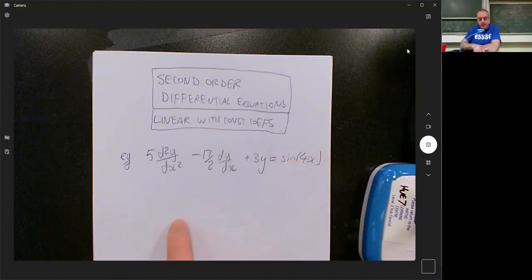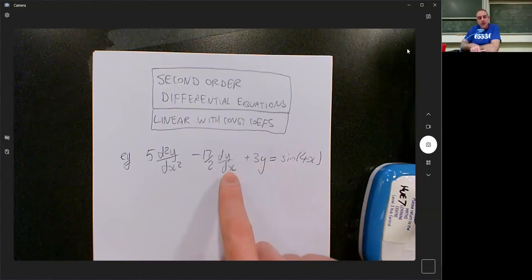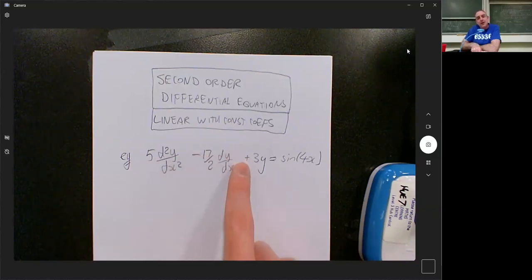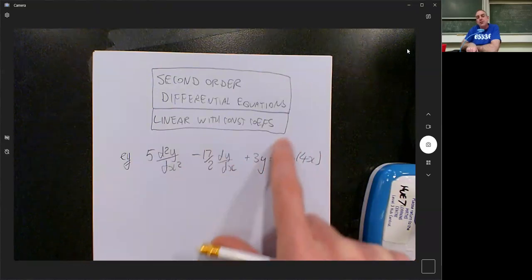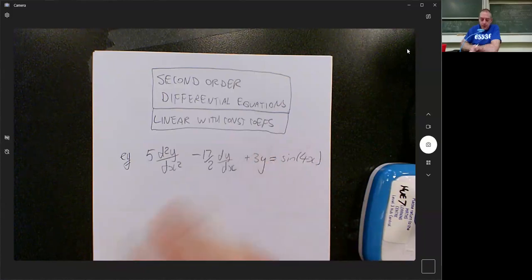They'll have the function y, which we don't know what it is, and the derivative of y, which we also don't know, and the second derivative of y, which we also don't know, and each of those will be multiplied by constants and added together, and it'll be equal to some function of x or t or whatever the variable actually is. Something like that.